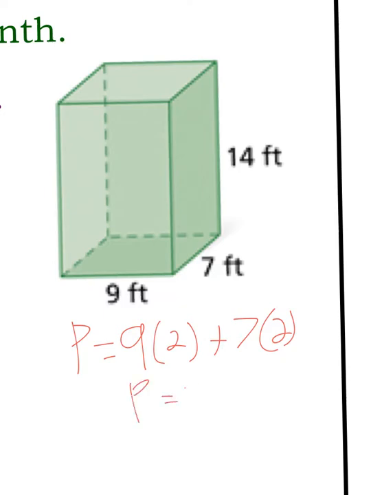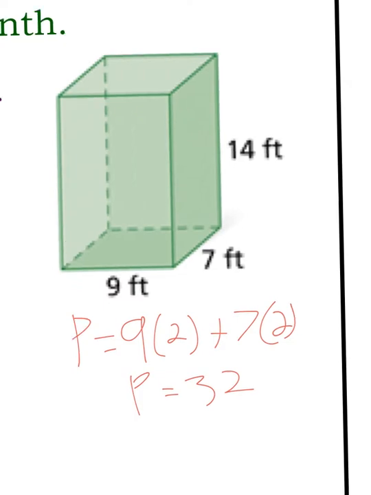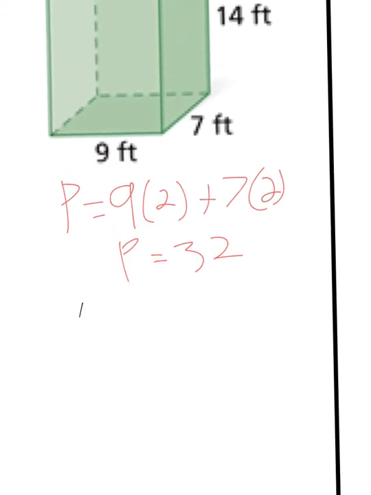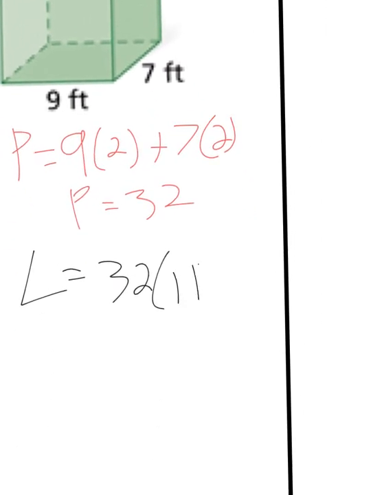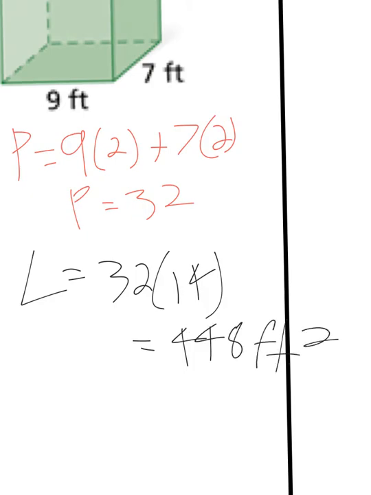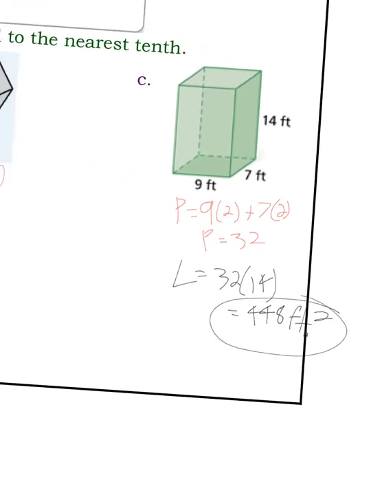Then my lateral area is 32 times height of 14, and that's 448 feet squared. It's a bit easier when we don't have to do any rounding on it, isn't it?